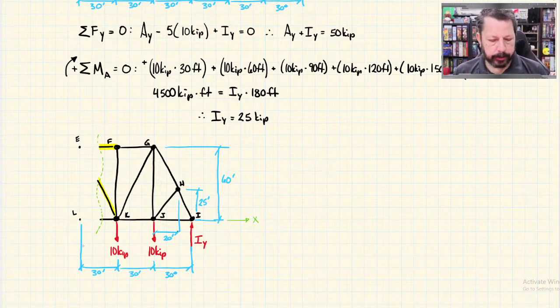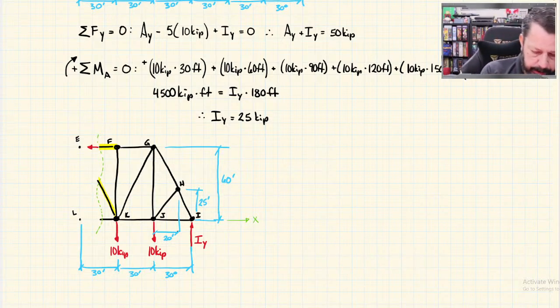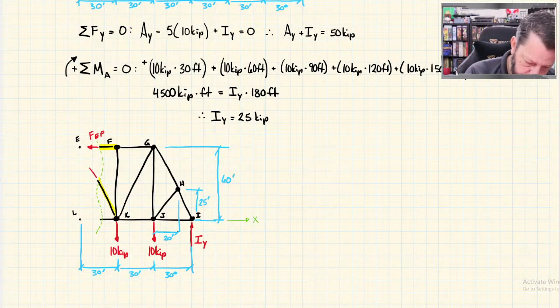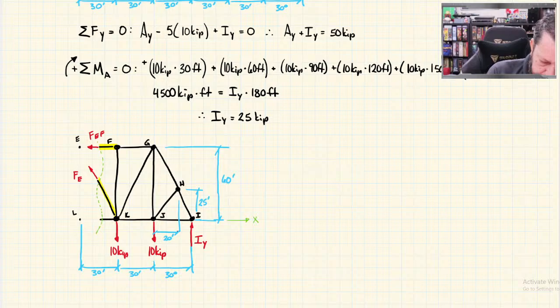And I cut through EF, so I have to replace that with a force in EF. There's the force in EK, and there's the force in KL.